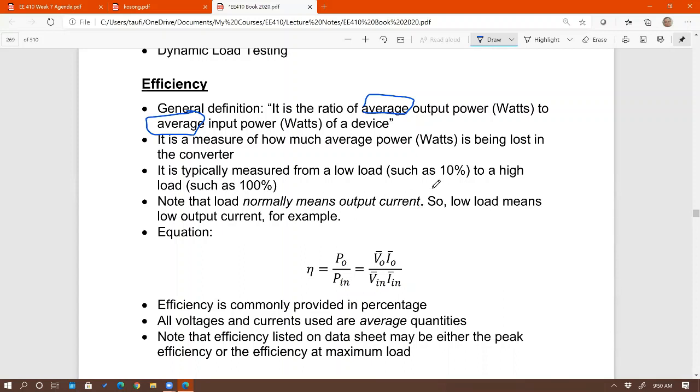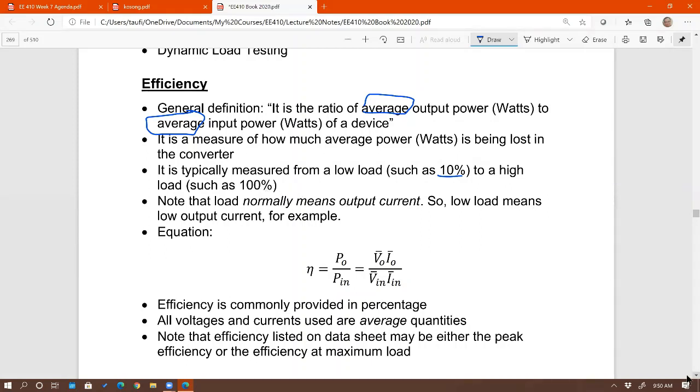So when it's stated 10% load, that means 10% of full load current. If the DC to DC converter is rated at, for example, 100 amps, 10% of that would be 10 amps. 100% will be 100 amps.